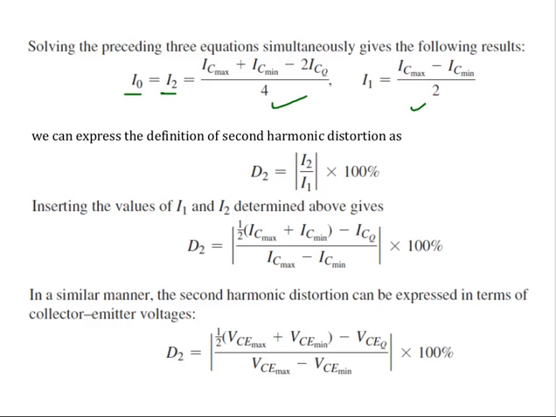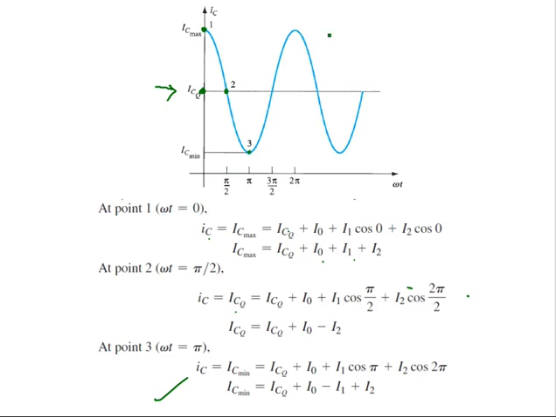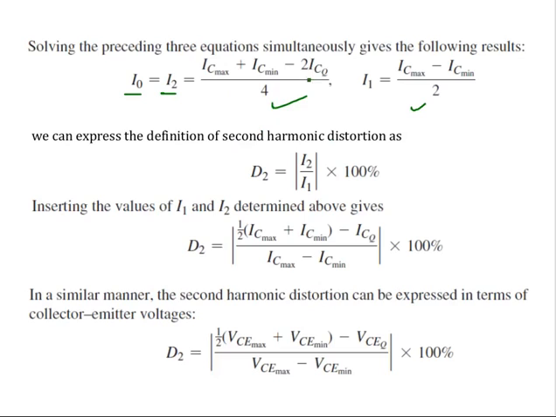Suppose this waveform which we discussed was distortion-free. You see here, if it was distortion-free, then IC max will be 2 times ICQ. We have already discussed. Or the DC component will be simply IC min by 4.